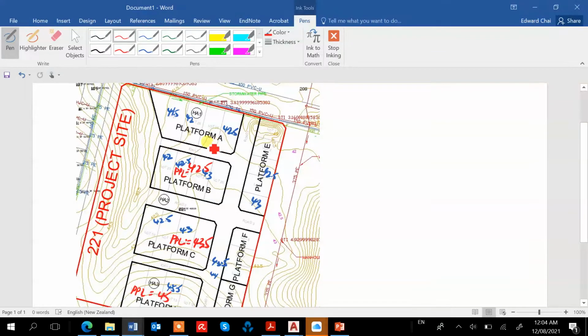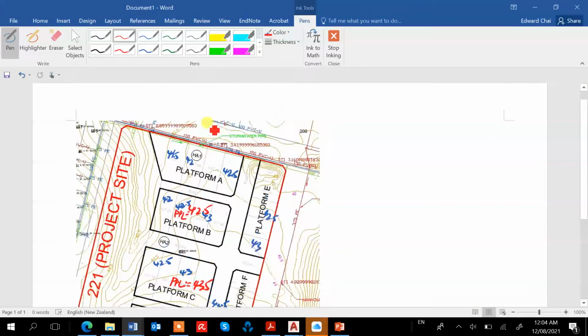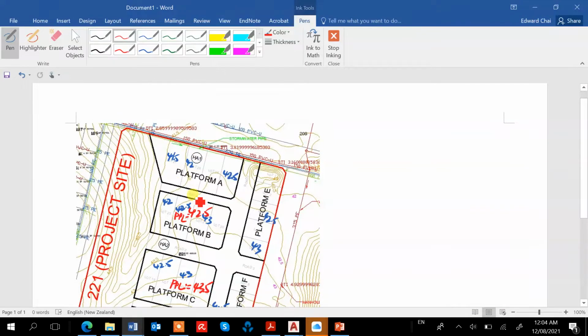And then further down, this one could be similar to the road level. Okay, the road is about 42. I think that one is probably about similar, 42. So it could be PPL equal 42.